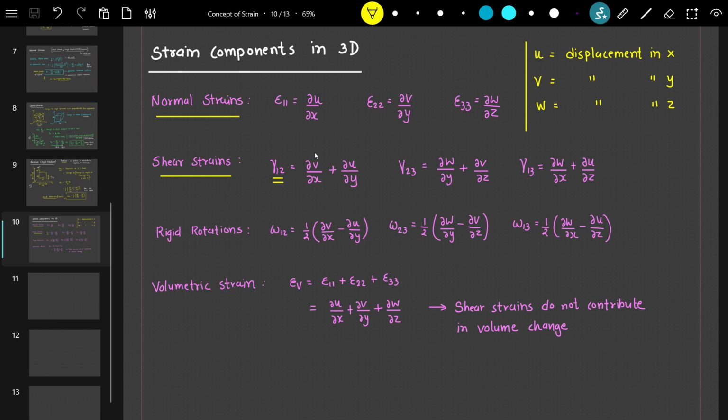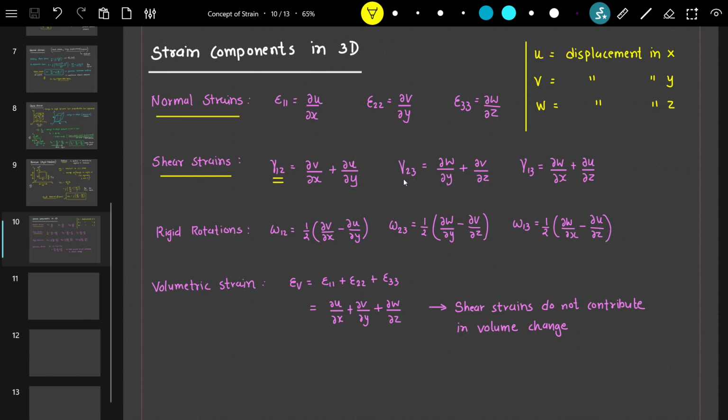So if you see this first term, dou v by dou x is y displacement in x axis, and the second term dou u by dou y is x displacement in y axis. So it represents the change in angle or distortion, right?